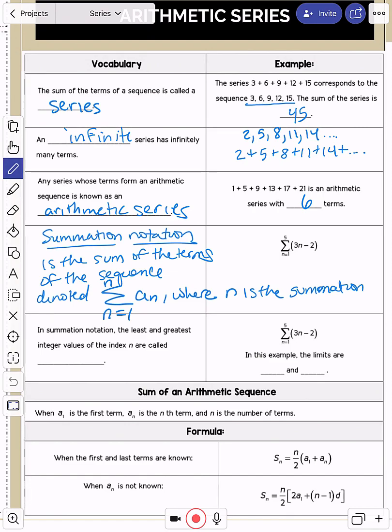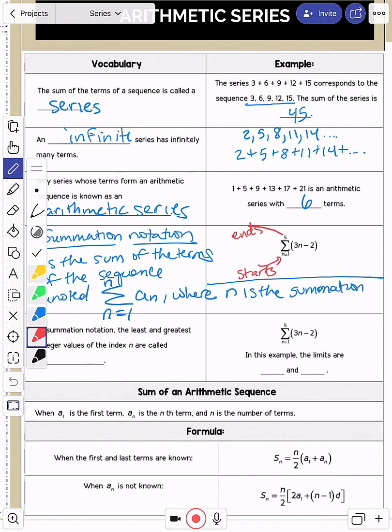So in this particular example, I kind of bled over into this, I know. This tells us that we have, let me get a different color here, the sum that starts at n equals 1, and it ends at n equals 5, and for every single different n, we're going to add up all the terms.